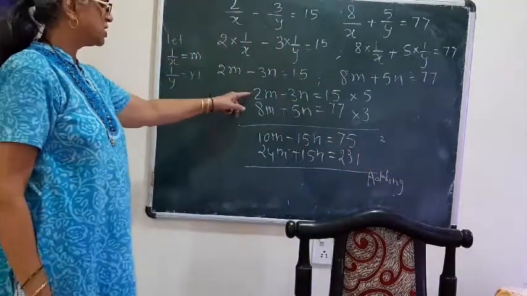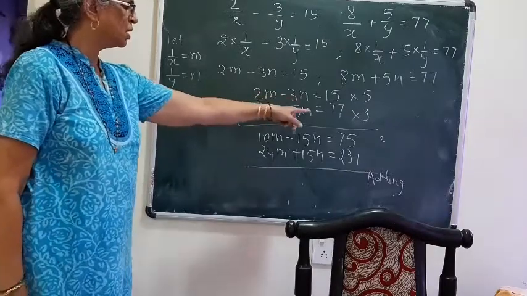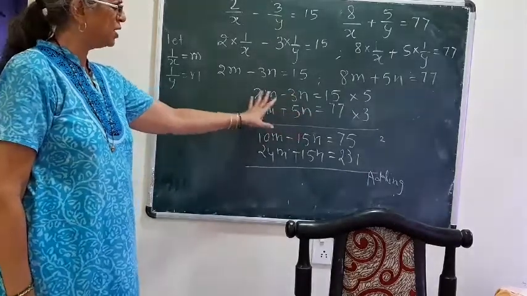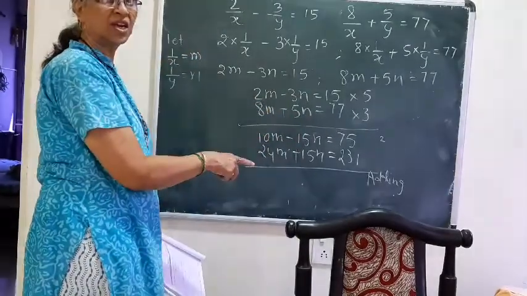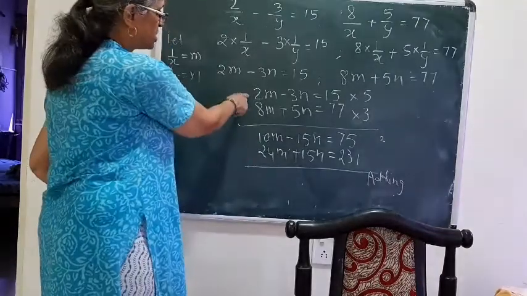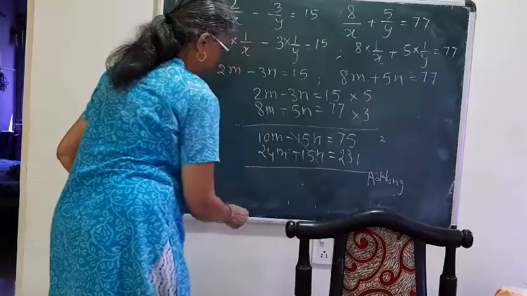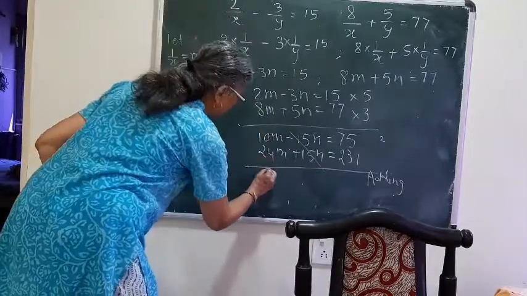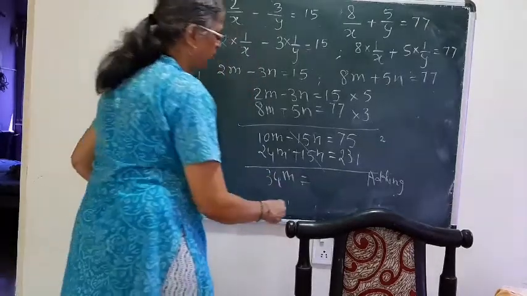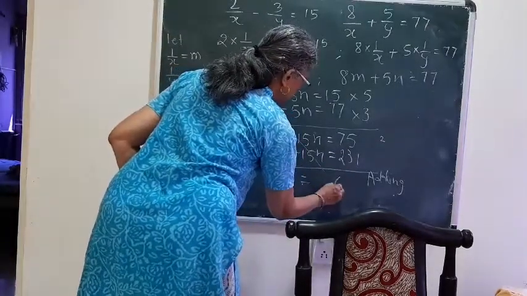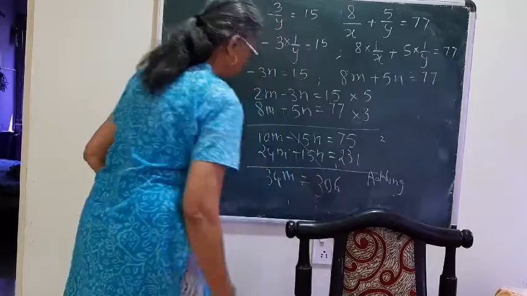You can also cancel m by multiplying the first equation by 4. Don't multiply any equation by the second. You can solve by any method. But at that time you have to change the sign and do subtraction, because the signs are the same over here. Here it is not necessary to change the sign. So this will get cancelled. 24m plus 10m will be 34m equal to 231 plus 75, which is 5 plus 1 is 6, 7 plus 3 is 10, 1 carry, so it is 306.